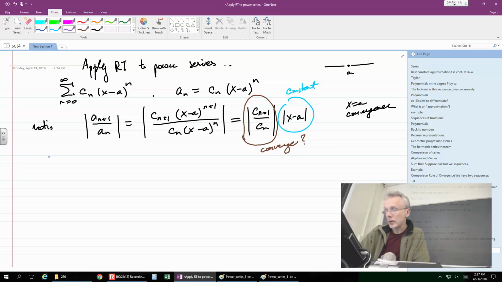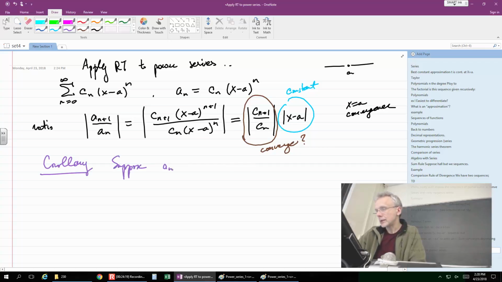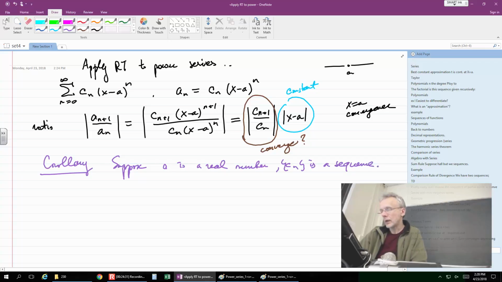Okay, so the corollary. Suppose we have a power series with Cn, where a is a real number, which is going to be the center, and Cn is a sequence. We assume that there is a limit of the absolute value of C(n+1) over Cn, as what we're looking at right now, and suppose it is equal to r.